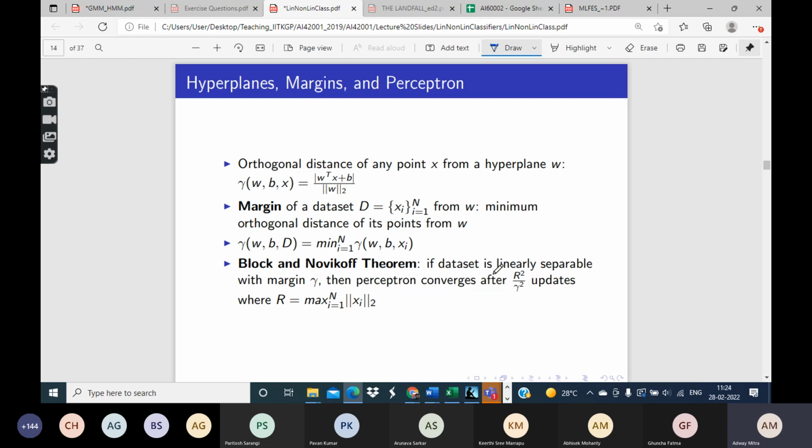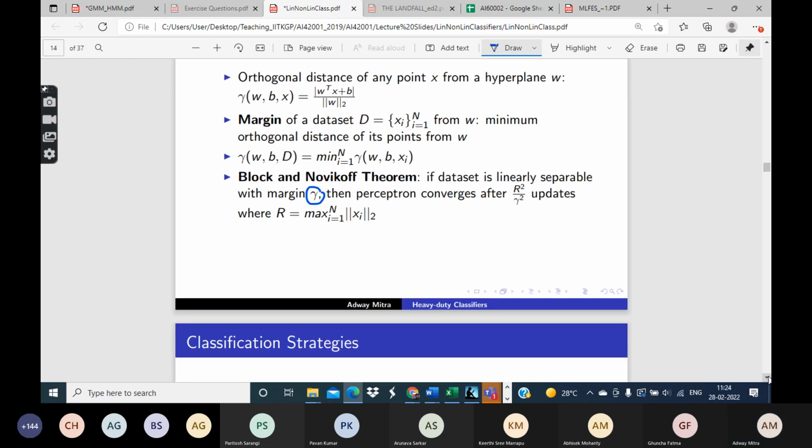To understand that, you need to understand the concept of margin, or gamma. So to understand the concept of margin, let us take a very simple example. Let us say there is a two-dimensional case.